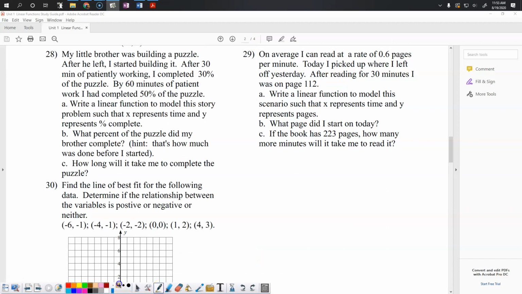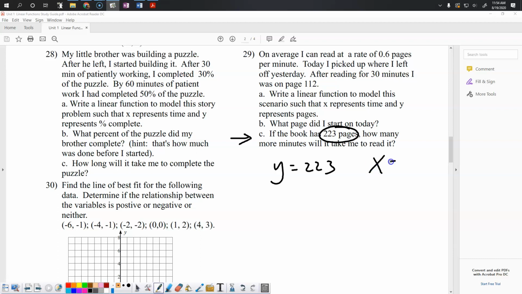So for the next question, it says, part C, if the book has 223 pages, so they're telling me that y equals 223, how many more minutes will it take me to read it? That's an interesting question. Well, let's do it this way.